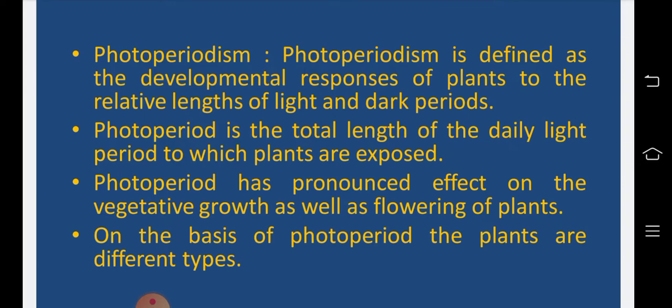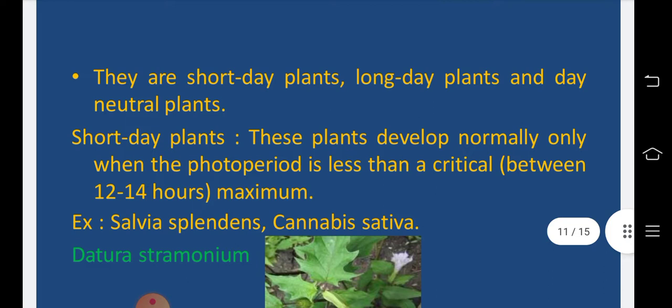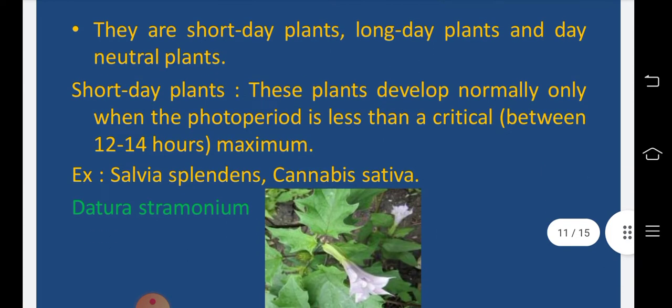Photoperiod has a pronounced effect on the vegetative growth as well as flowering of plants. On the basis of photoperiod, the plants are of different types. They are short day plants, long day plants, and day neutral plants.